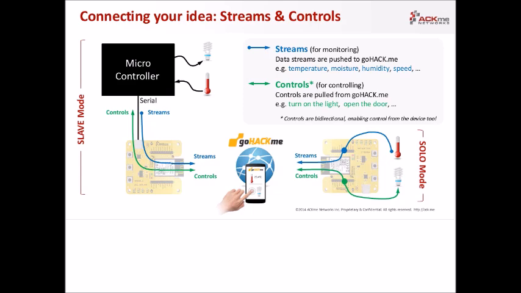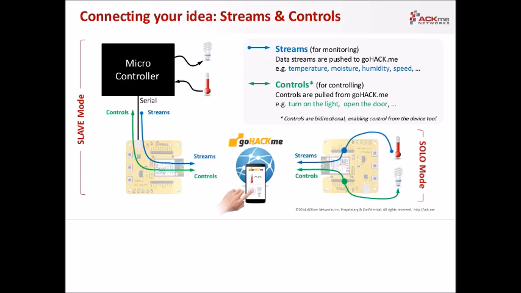And for control, the GPIO is being toggled high or low, or a DAC output is being set on the header and going out to your device. Obviously not directly, you're not going to connect a light bulb up to a 3.3 volt output, but via maybe a little bit of signal conditioning or a relay or something like that. So that's the concept of streams and controls.